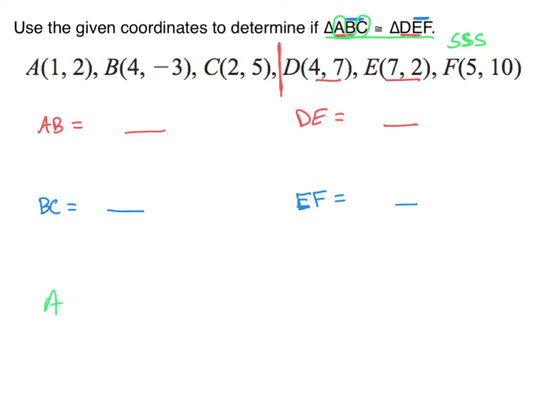So then do AC, the missing side, with then DF. And if I get all 6, if I get the red to be congruent, the blue to be congruent, and the green to be congruent, then I would say, yes, SSS proves triangle ABC is congruent to triangle DEF.